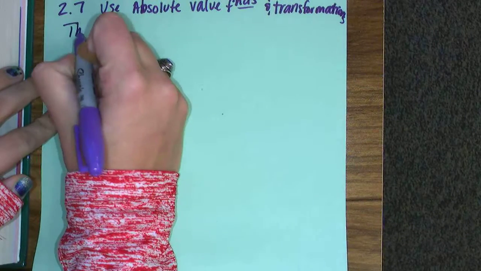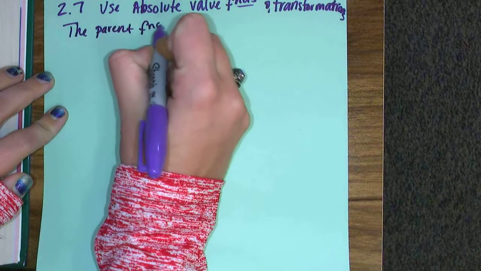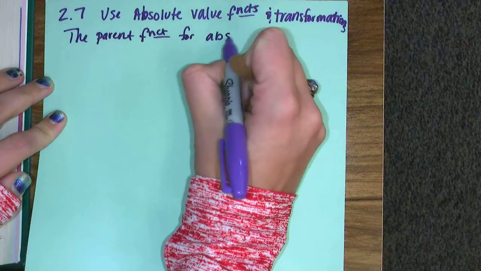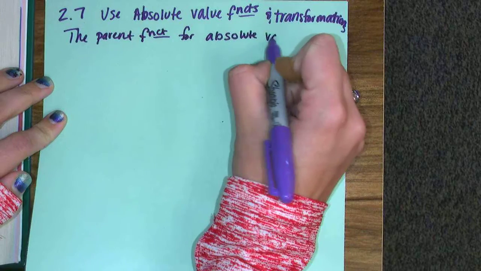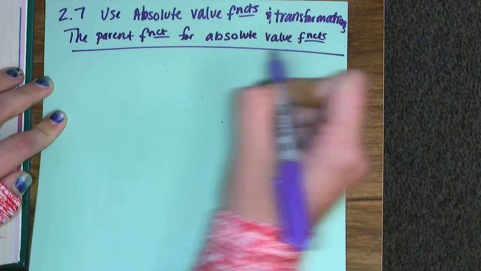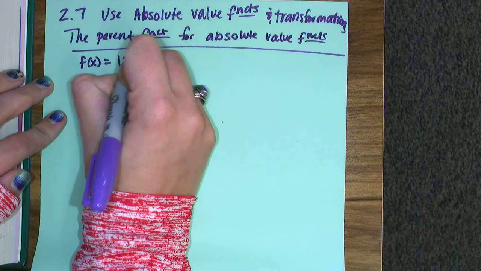the parent function for absolute value functions is f of x is equal to the absolute value of x.